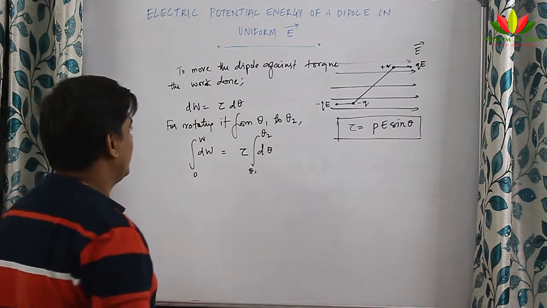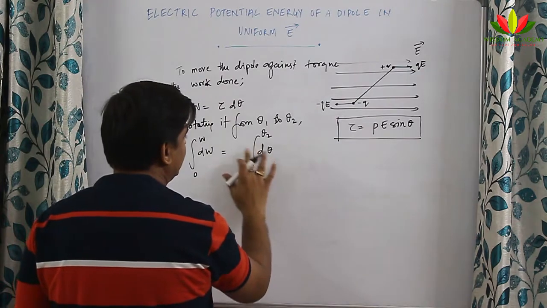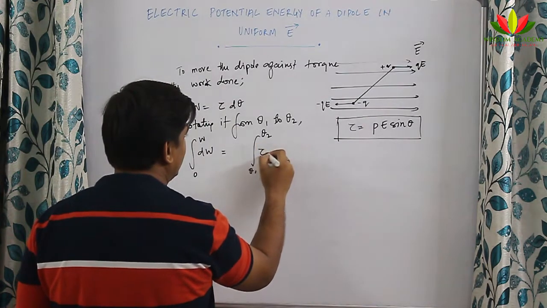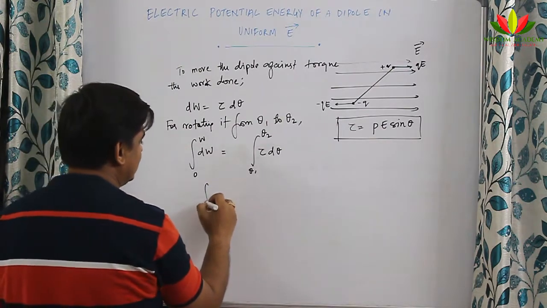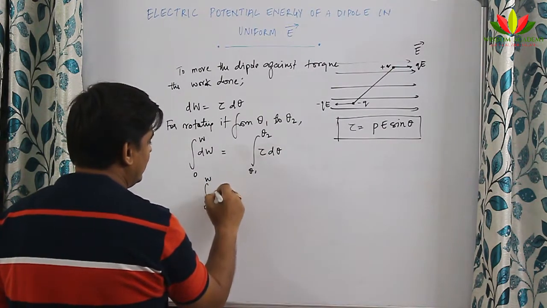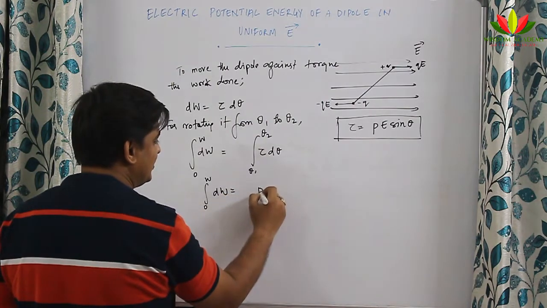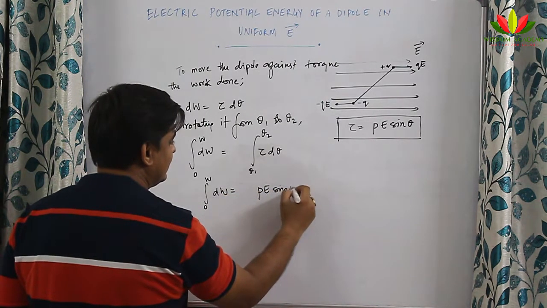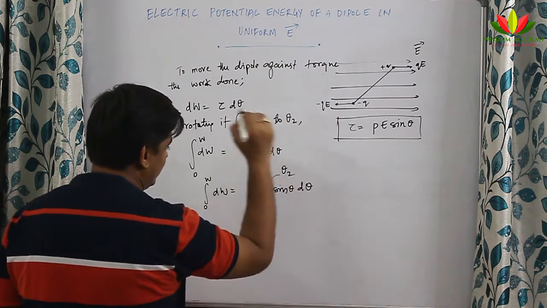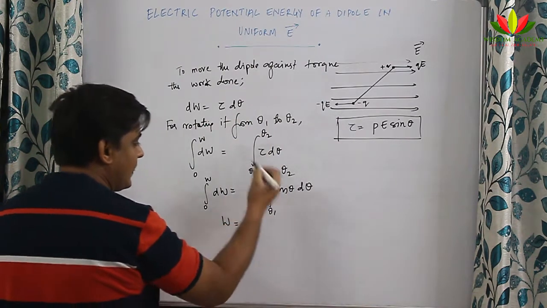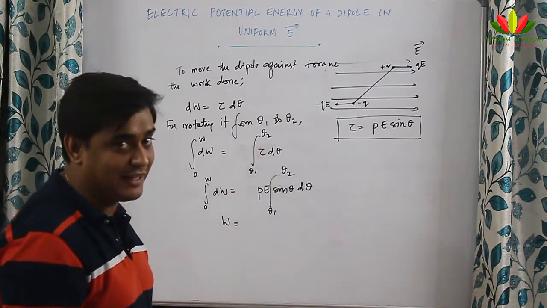We know what the value of torque is. So I can write integration from 0 to W of dW is equal to, torque is PE sin theta d theta, integrated from theta 1 to theta 2. So W is equal to, what is the integration of sin theta? It is minus cos theta.